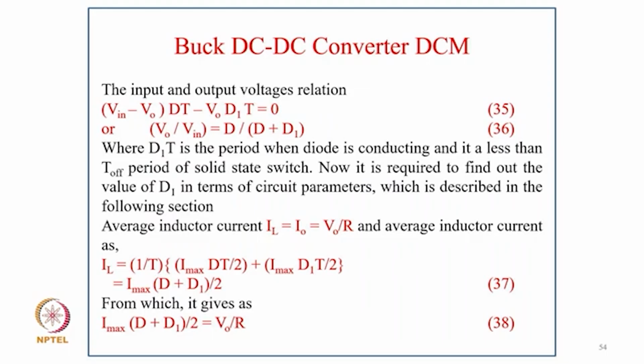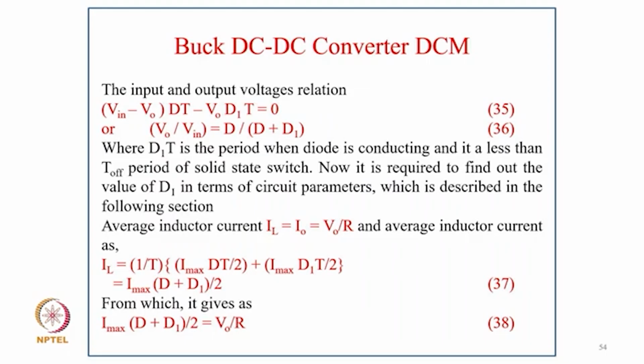So you can understand this value increases more than in continuous conduction mode. D1 T is the period when the diode is conducting and it is less than the T off period of the solid state switch. Now it is required to find the value of D1 in terms of circuit parameters, which is described in the following section.